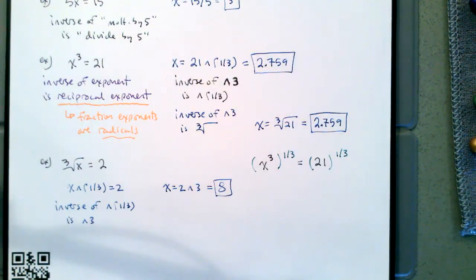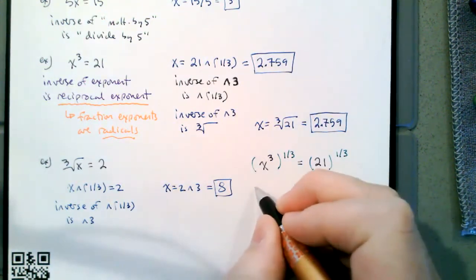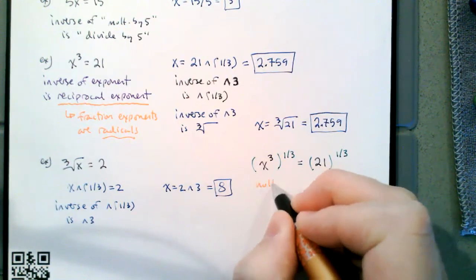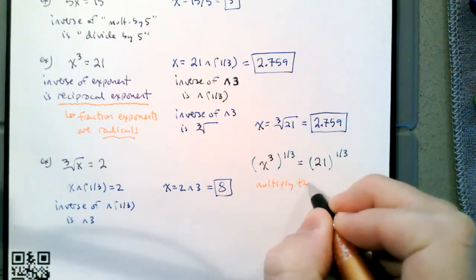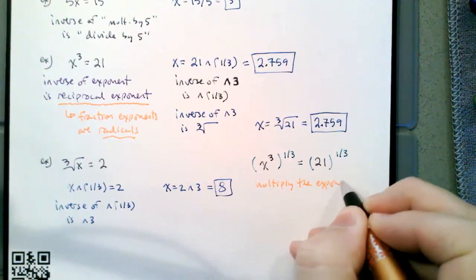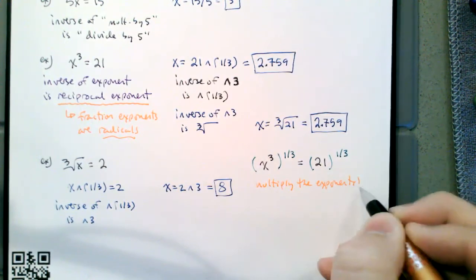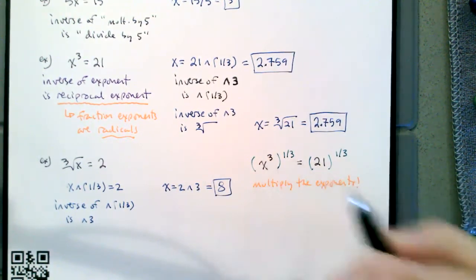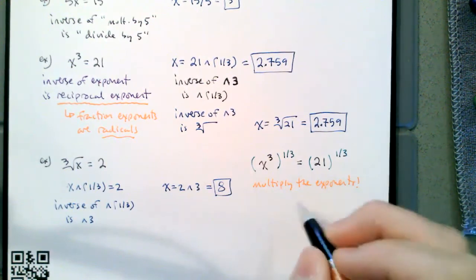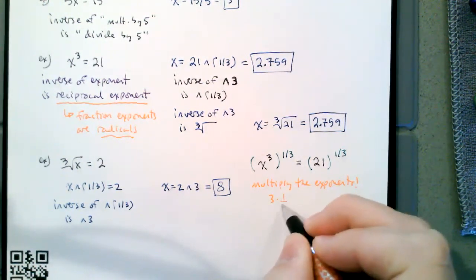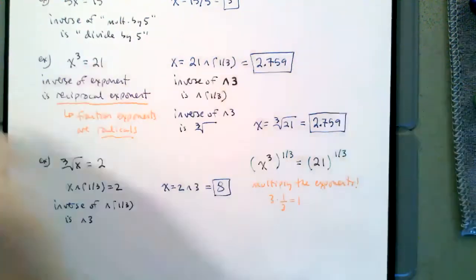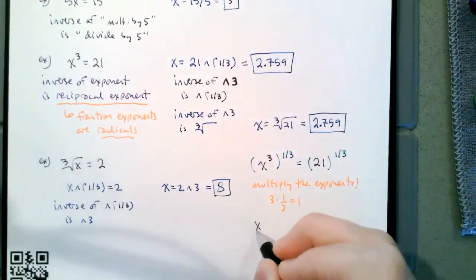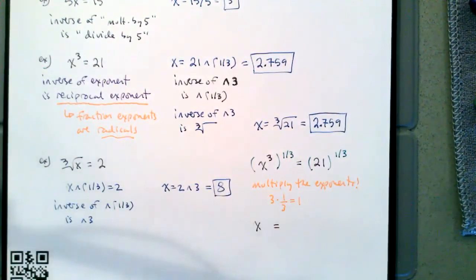When we raise an exponent to an exponent, we multiply the exponents. 3 times 1/3 is equal to 1. So what we have is x to the first is equal to 21 to the 1/3 power.